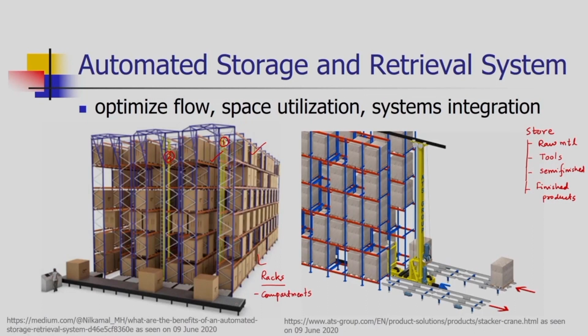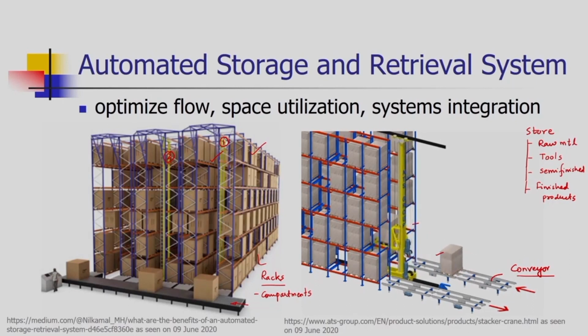This is the conveyor, and that conveyor is taking the commodities to the stacker crane feeding unit. In the next figure you can see there is a conveyor over which the commodities are moving. The stacker crane is taking the commodities and then it will store the commodities in the programmed compartment or programmed section of the rack.